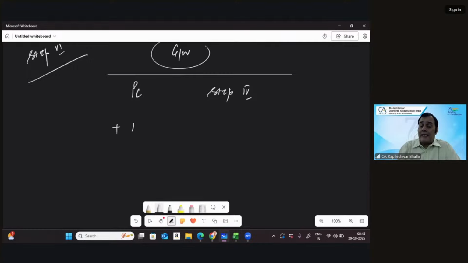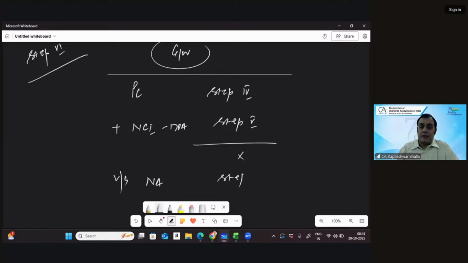And then to this, you add the NCI. But remember, you don't need to add the NCI completely as calculated in step number five. You need to take the NCI on the date of acquisition. Of course, it will be taken from step number five, but it is only the NCI which is there on the acquisition date. And you compare the sum total of this with the net assets in totality, which you have organized in step number three already.